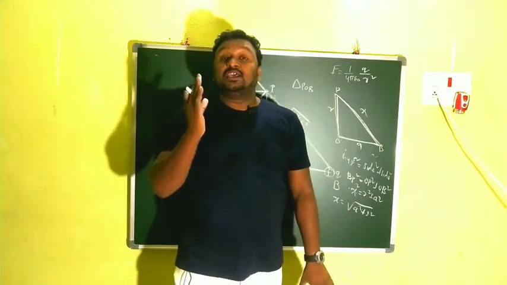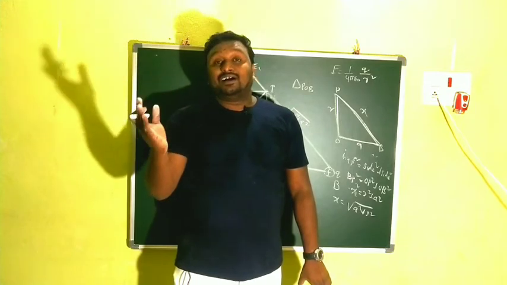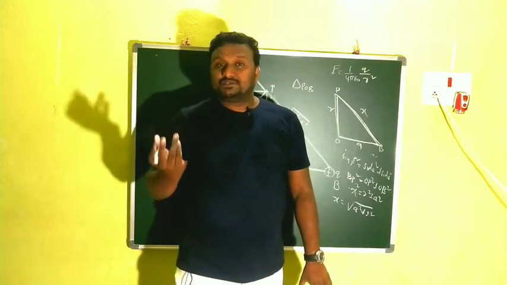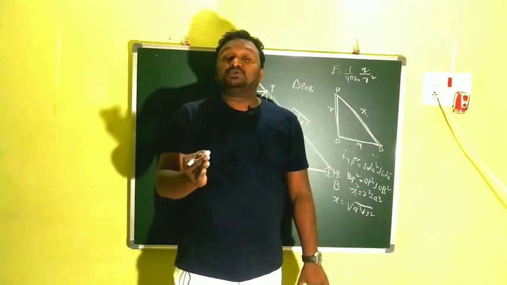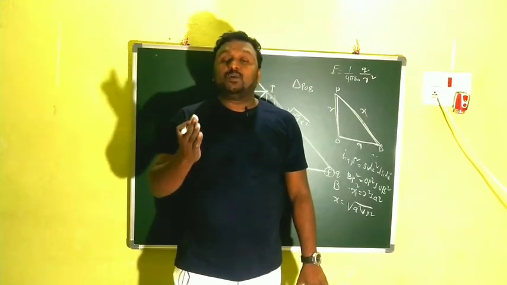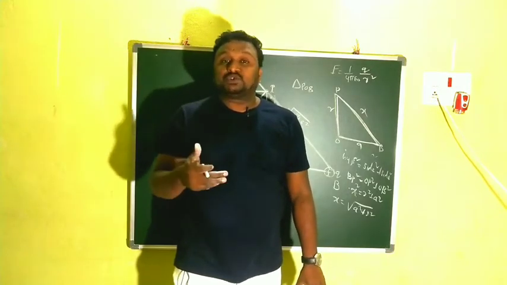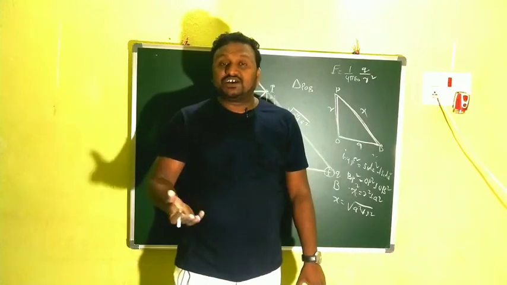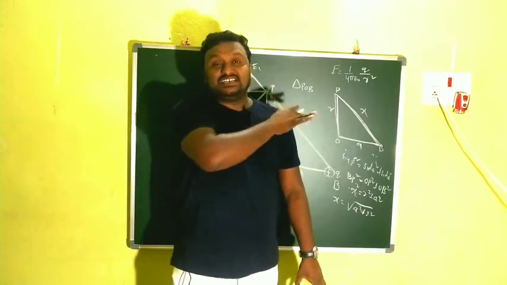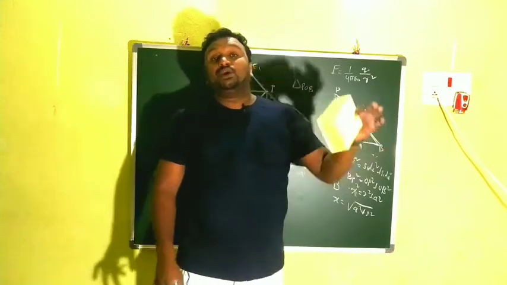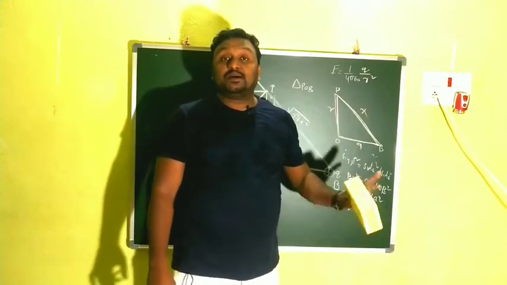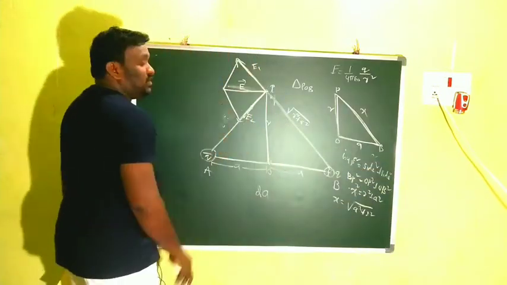Plus Q means positive charge. Due to the positive charge E1 is there, and that E1 is always radially outwards. And minus Q means negative charge. Due to the negative charge, some electric field is there, that is E2, and that should be towards, that means into the negative charge. That's why I am showing E1 and E2 like this.